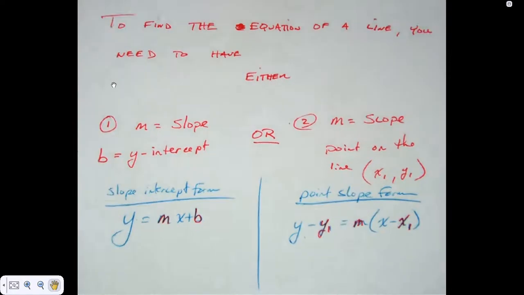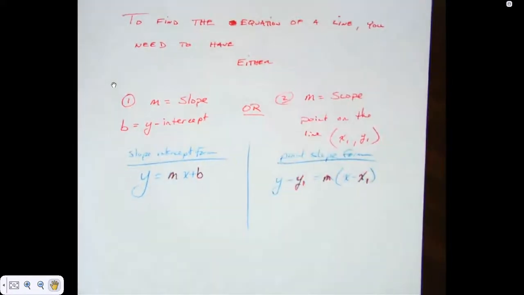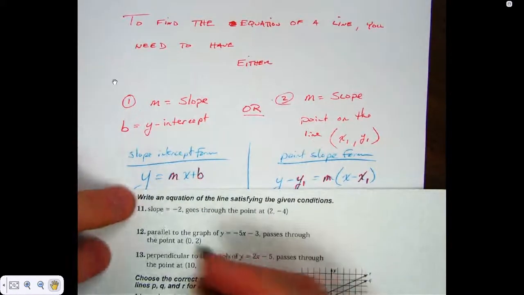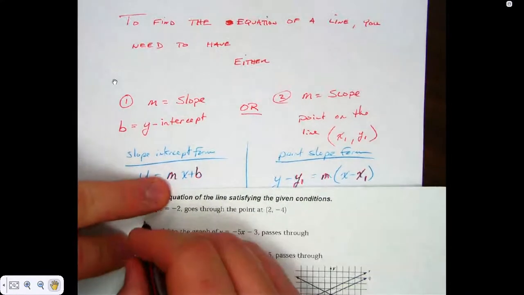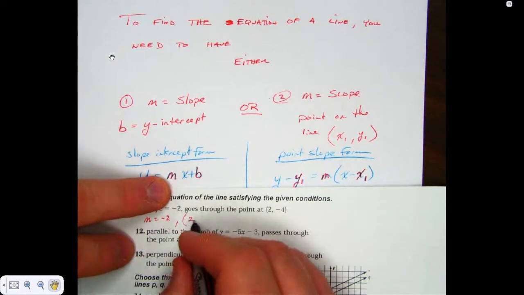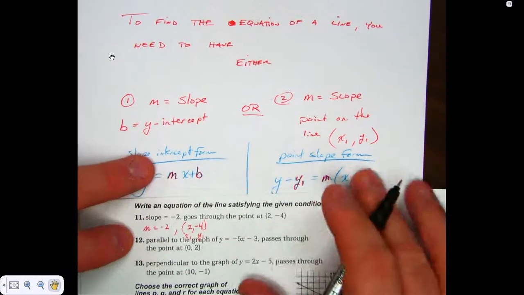I'm going to zoom out a little bit. I'm going to freeze it. So maybe I can start with this little 2. They gave me the slope, which would be -2. And they gave me a point on the line, (2, -4). That's my x1 and y1. So I'm going to plug it into point slope form.